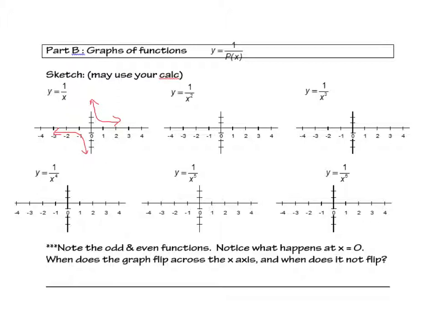So instead of ending up with this branch down here, when I plug in a negative x value, my y's are going to be positive, so it's going to stay up high. You can check that on your graphing calculator and see that you have this normal branch right here, but now the other branch is up top because the squared made everything stay positive.